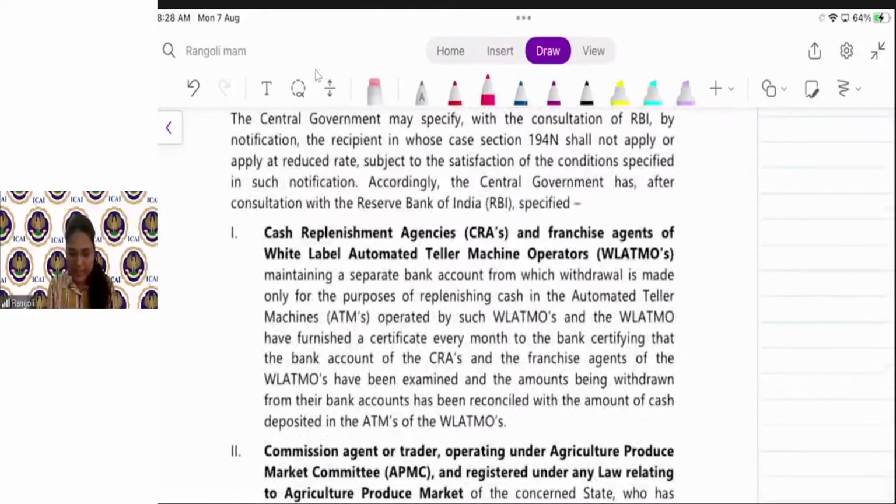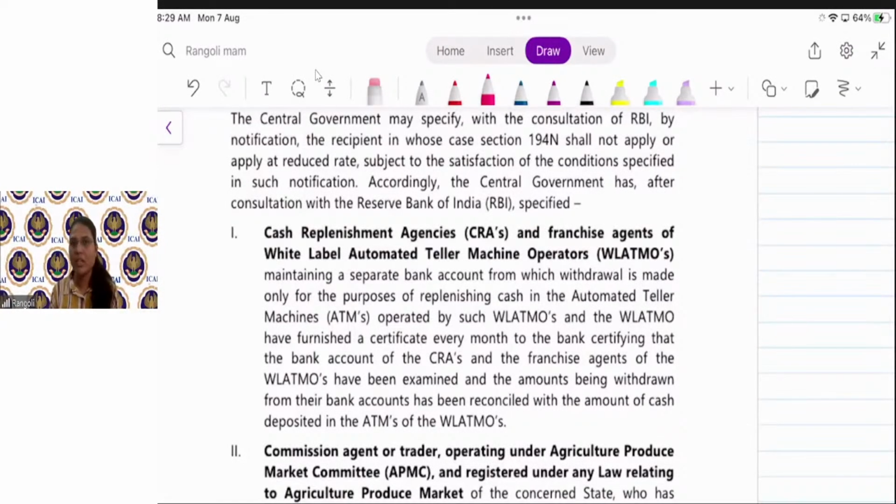Now there are certain other exceptions also given to whom 194N is not applicable. The cash replenishment agency and franchisee agent of white label automated teller machine operator. These are the persons who withdraw the amount and fill the ATM machine.